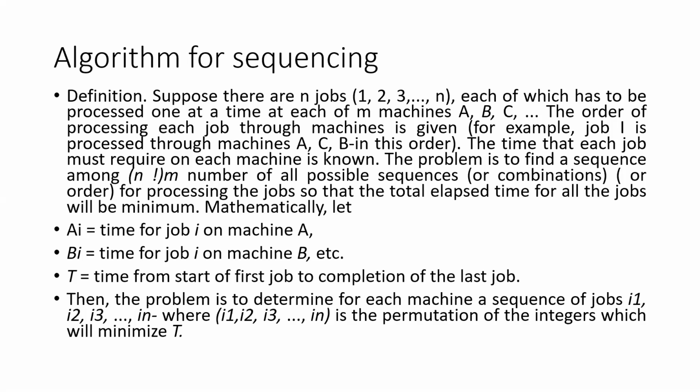Mathematically, let Ai be the time for job i on machine A, Bi the time for job i on machine B, etc. T equals the time from the start of the first job to the completion of the last job. Then the problem is to determine for each machine a sequence of jobs i1, i2, i3, ..., in, where i1, i2, i3 and in is a permutation of the integers, which will minimize T.